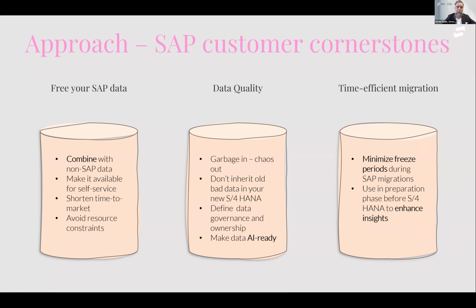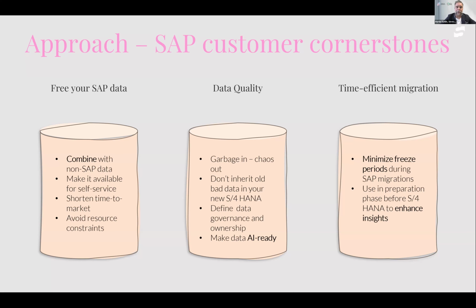Make sure the data quality is improved before doing that. And as I mentioned earlier, define a governance and a stewardship around the data. So you don't do it just once, you keep track of your data quality constantly by having defined ownerships and stewards for this. And of course, you make the data AI ready, not just for people to look at, but also for AI to use.